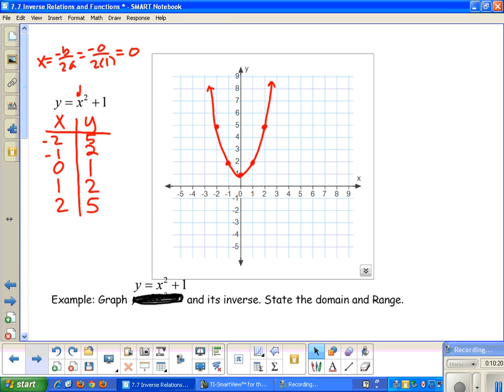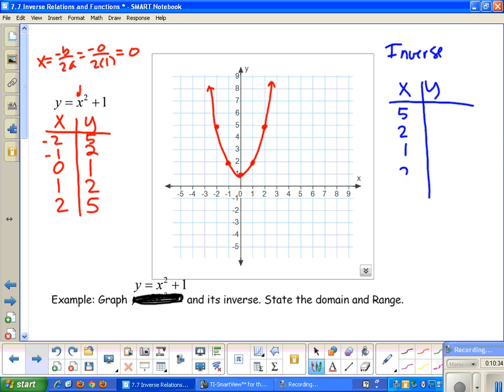So remember, if I want to graph the inverse, I can take the table that I just made and switch my x and my y values. So if I switch my x and my y values, I have (5, 2), (1, 2), (5, negative 2), (negative 1, 0), (1, 2).